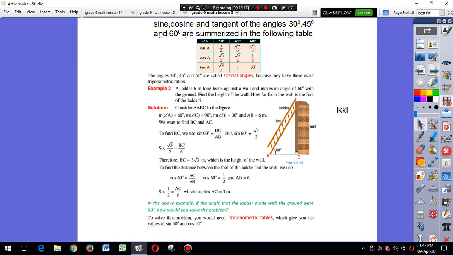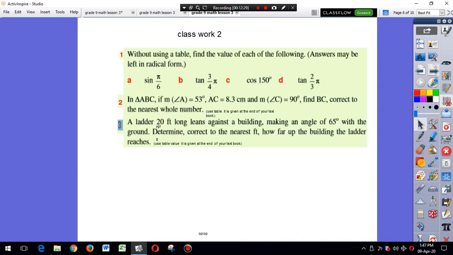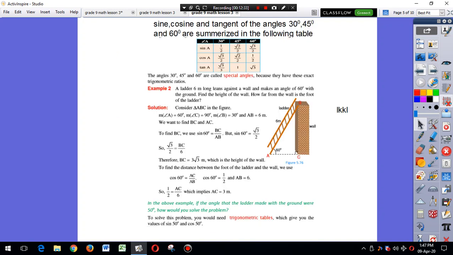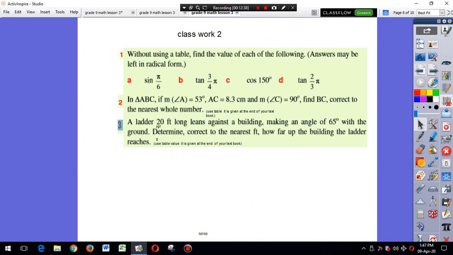To solve this problem, you would need trigonometric tables, which give you the values of sine 50 degrees and cos 50 degrees. Okay, here we are asked to do it without using a table.